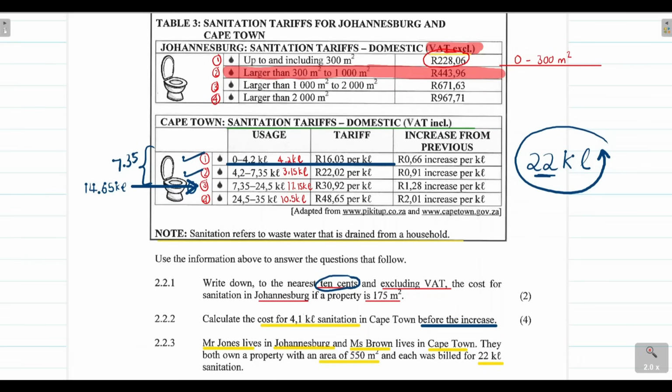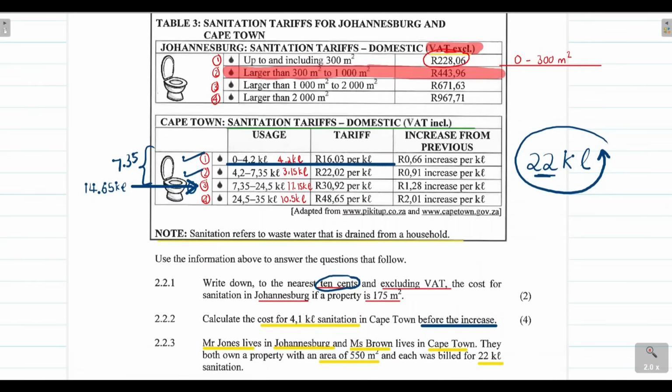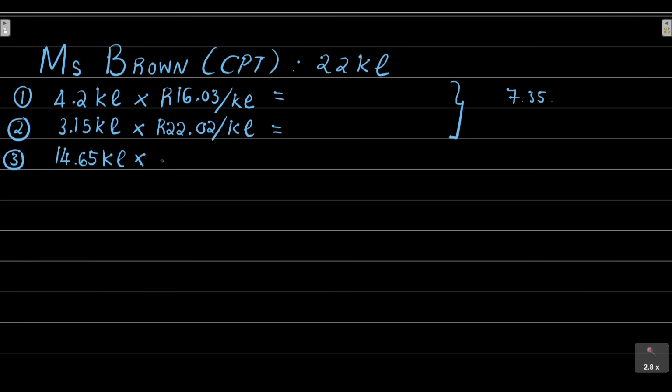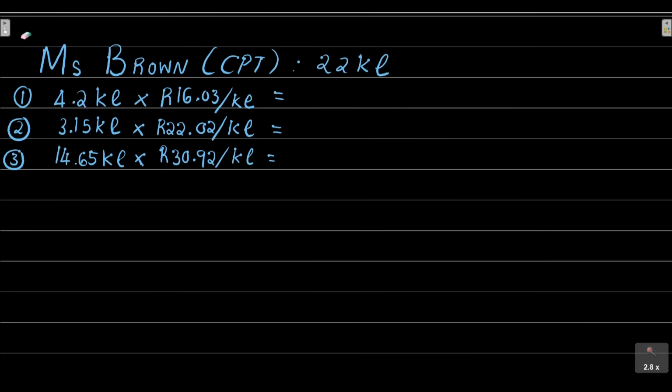How did I get that? You take 22 kiloliters minus 7.35 kiloliters to determine what's remaining for us to use in this block. And you multiply that by the tariff for that block, which is 30 rand and 92 cents per kiloliter. Then we're going to punch all these values into our calculator and get the prices for each block.